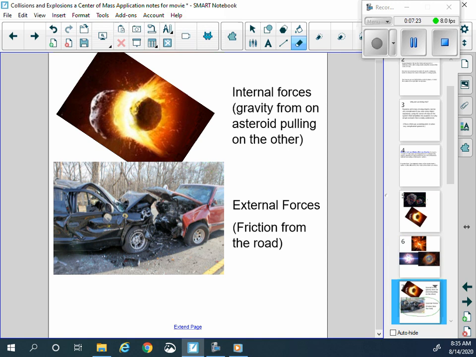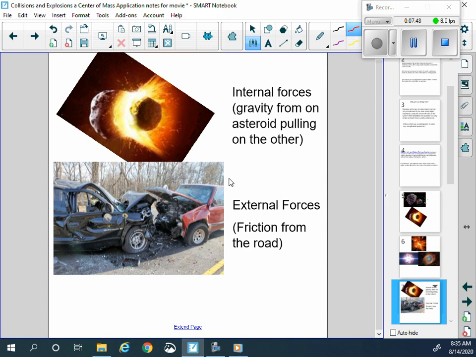For the asteroids that collide, the only forces acting on the asteroids is the mutual force of gravity within the system. They are internal forces. So according to Newton's first law of motion, with no external forces, there will be no change in the system's motion, so they're going to meet at the center of mass.